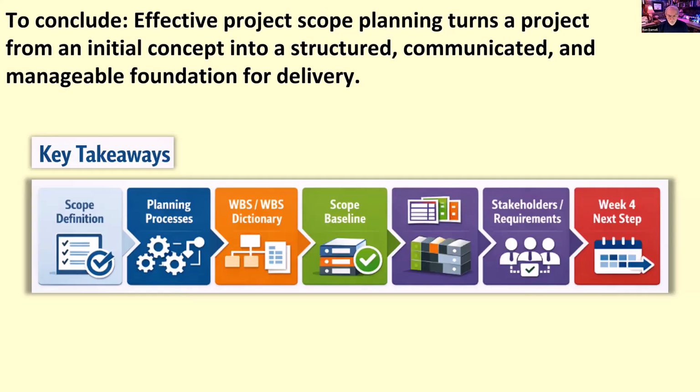It's also important to remember that project scope planning depends on stakeholder input and requirement management. Stakeholder expectations, requirements, and communication all influence how scope is defined and how those elements continue to evolve over the life cycle. That's why scope planning should be understood as both structured and iterative.